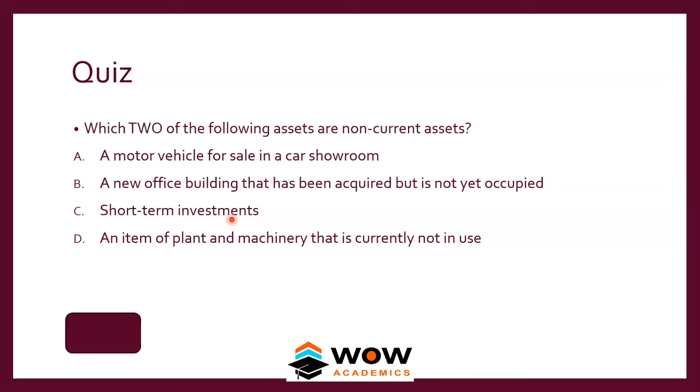Short-term investments, as the name suggests, are short-term investments, so C is a current asset. An item of plant and equipment that is currently not in use: again, it doesn't matter whether you use it or not. If you have it, it is an asset. So B and D are non-current assets. The answer is B and D.